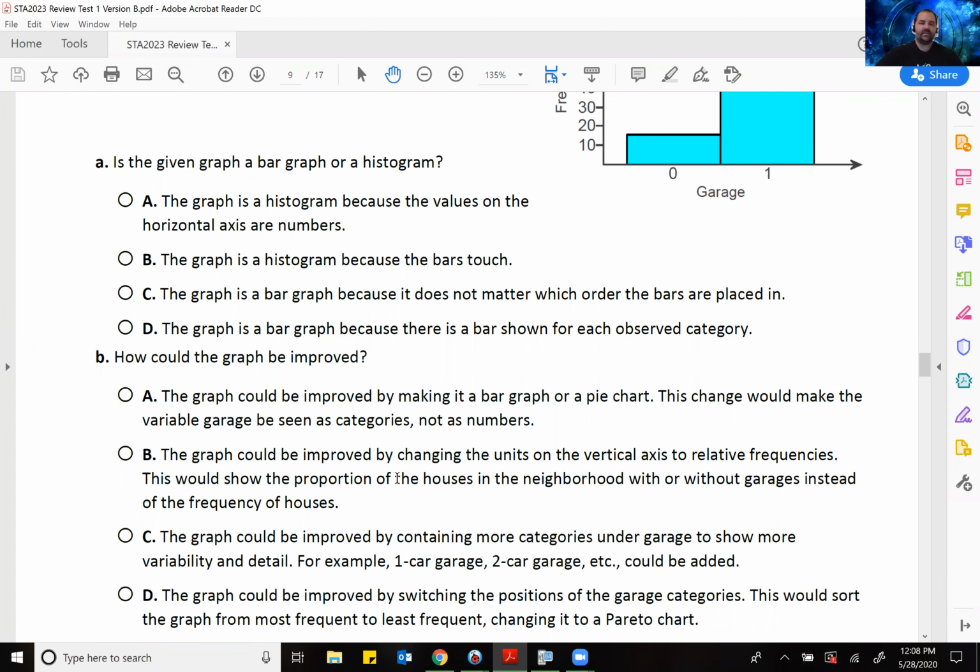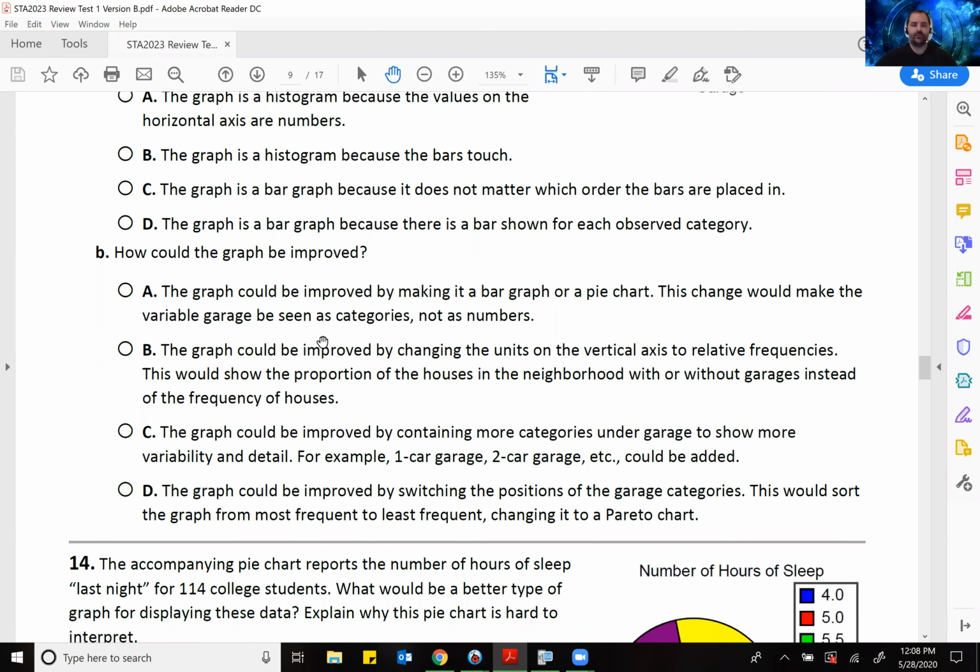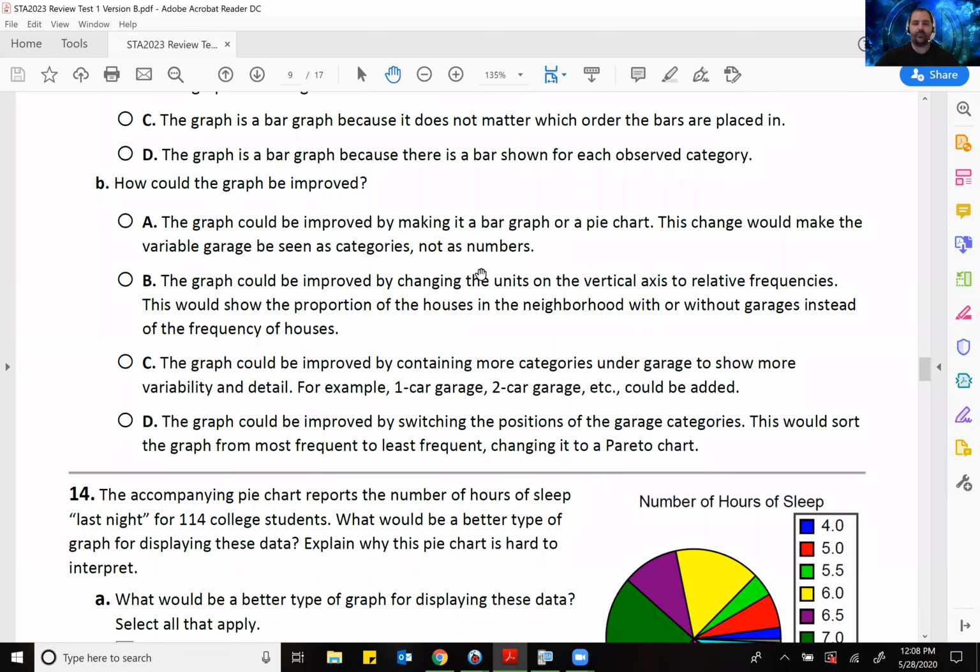And B says, how could the graph be improved? The graph could improve by making the bar graph a pie chart, and the change would make the variable garage be seen as categories and not as numbers. The bar graph could be improved by changing the units on the vertical axis to relative frequencies.